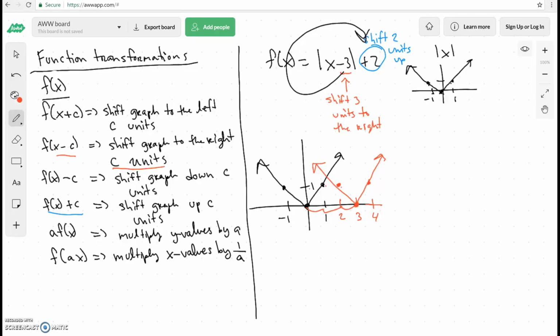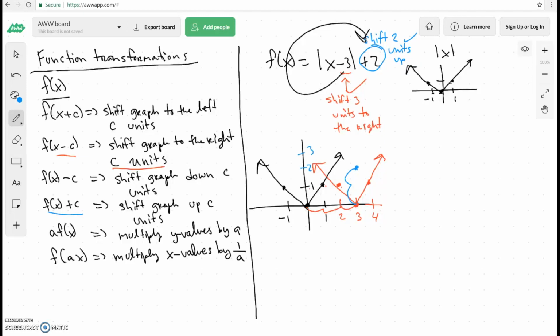Okay. Now the last thing that I got to do, because now I shifted it, is I want to shift it 2 units up. So right now I'm at 3, 0. I'm going to put it up 2 units. So I'm going to do 1, 2. Buckle my shoe. All right, and then I'm going to put this up 2 units too.